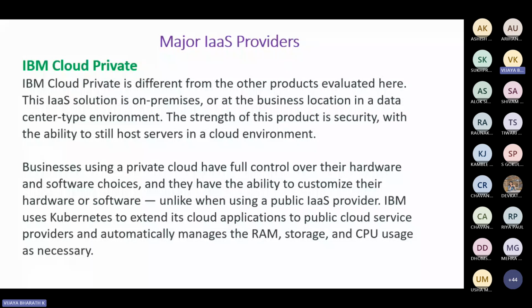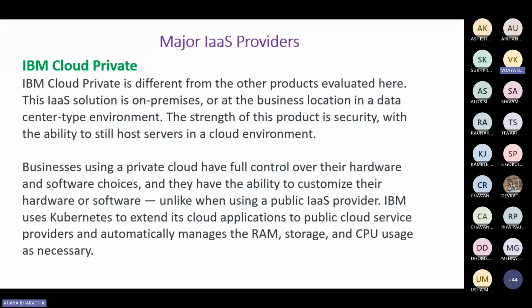IBM is different from the other products we are evaluating here. It's an on-premise kind of solution, so based on the business location, the data center, you can set this up. All your host servers will be running an IBM-based hypervisor, and you can do virtualization on top of it. If the business needs a private cloud, where you need full control over the hardware and software choices, you can use this IBM private cloud.